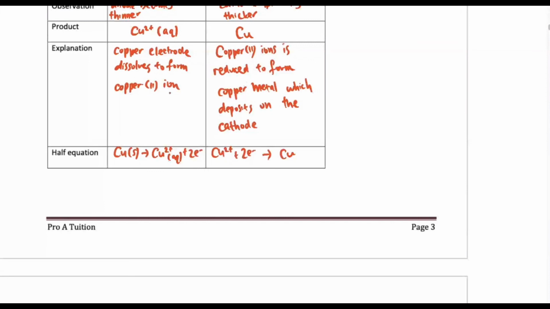Now let's continue with the half equation. Silver changes to silver plus and an electron.